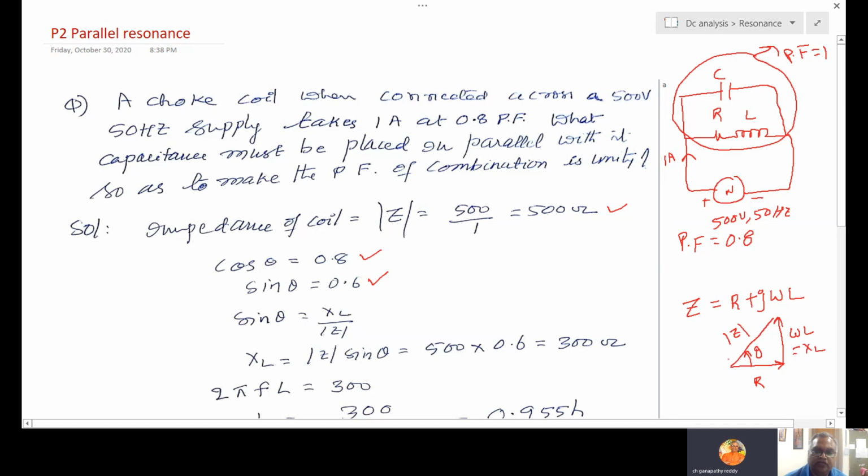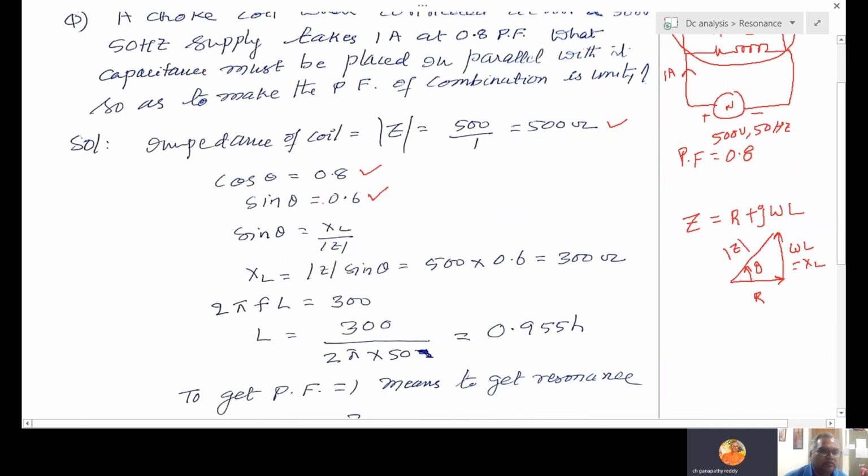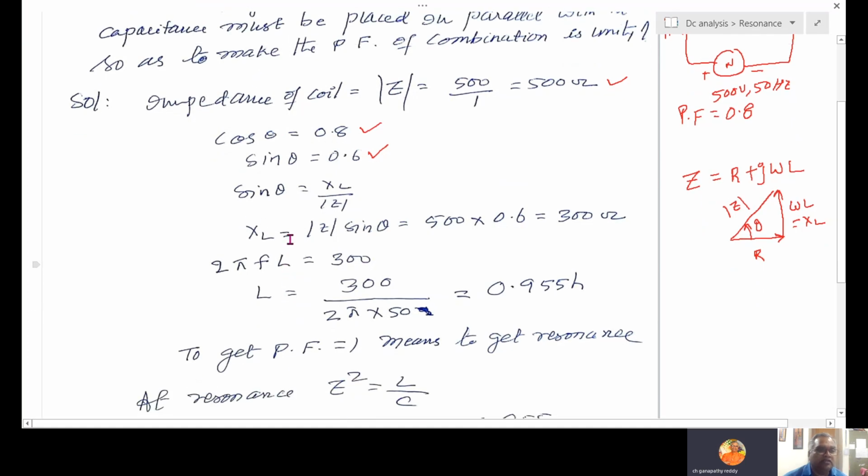XL by Z. So from this XL equal to mod Z sin theta. So mod Z is 500, sin theta 0.6. XL equal to 2 pi F L, solve for L. You will get this.